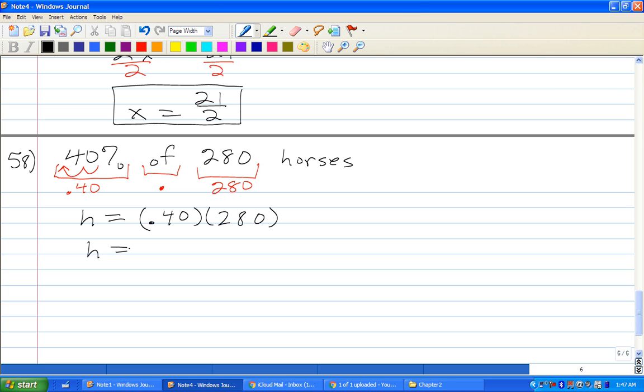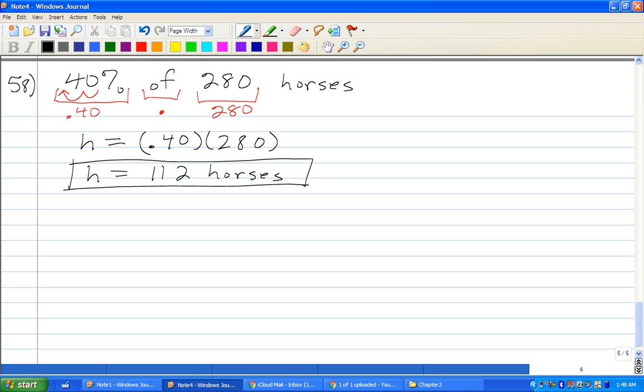And so h is equal to 112 horses. And so 40% of 280 horses is 112 horses. Let me do problem number 70.